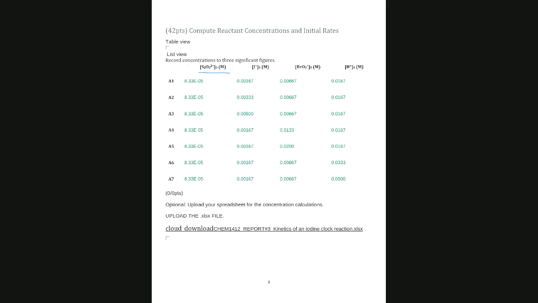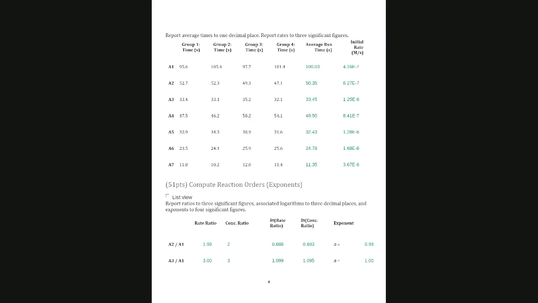But you have to complete this. And that's a dilution. And then basically is when the time comes into play. So they will ask you for the average time, and they will ask you for the initial rate. We saw how we calculate the initial rate with that formula. In case you forget, you will go over the last pages of the experiment.